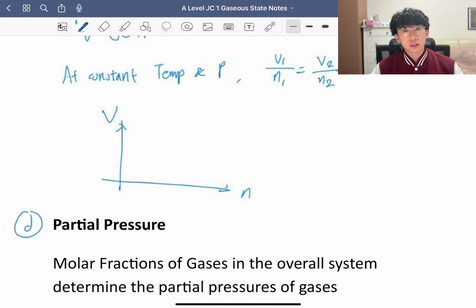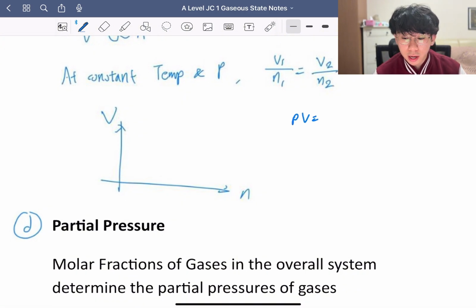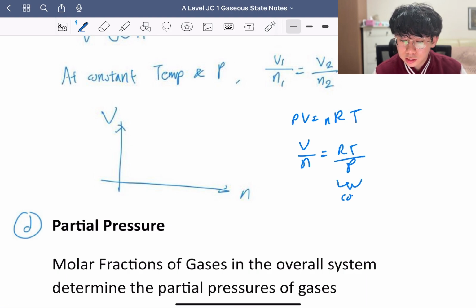Now what about if we have constant temperature and pressure? Then using the formula PV equals nRT, we can shift it accordingly and see that V is also directly proportional to moles. So if I shift it like this, I can see that this is actually a constant.